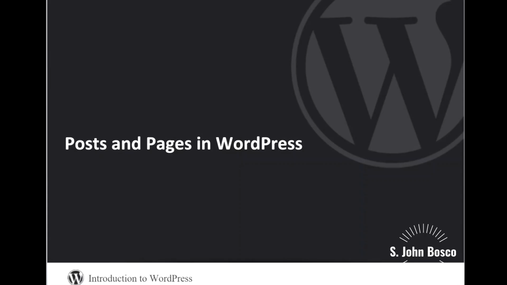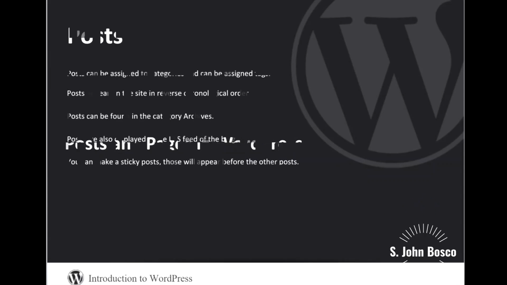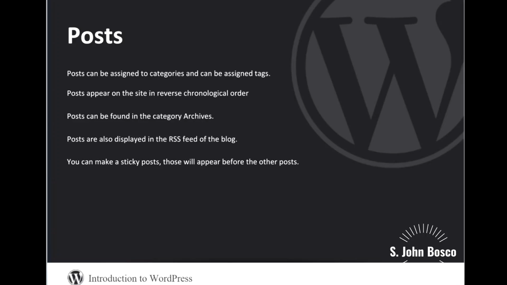Another important thing is posts and pages. You want to allow the user to know what is happening in your website. Always we use posts, like on our social media, Instagram, YouTube, Facebook. We are posting many contents: where you are going, what you are doing. In WhatsApp you keep a status.